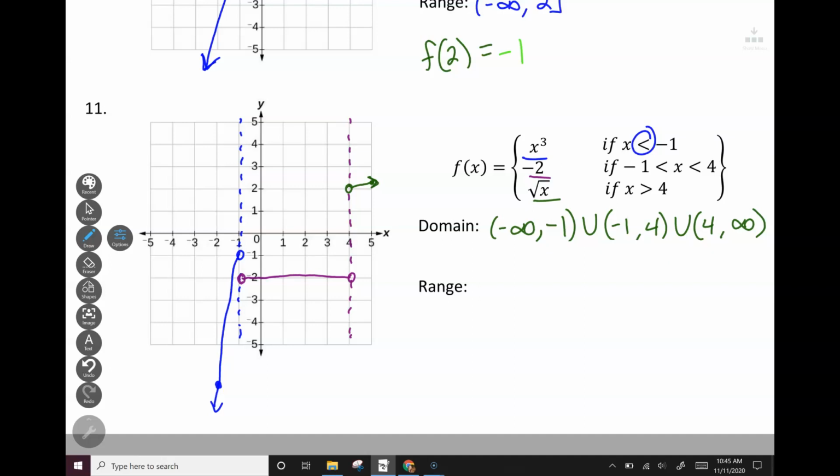Okay, now let's look at the range. So going from low to high, from bottom to top. So the lowest point that you see is actually this arrow, which goes to -infinity. Okay, and then let's move up. Even though there's a gap here, see the blue line does cover that distance from -2 to -1.